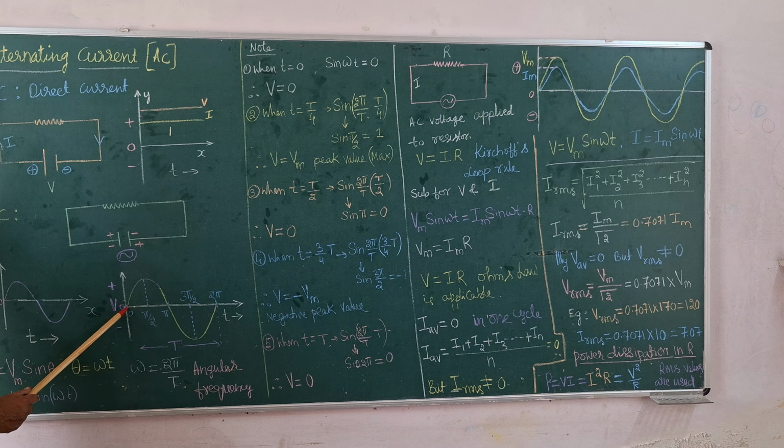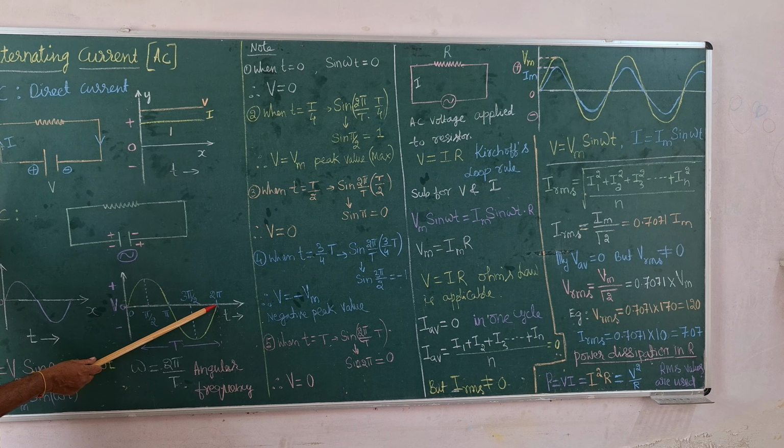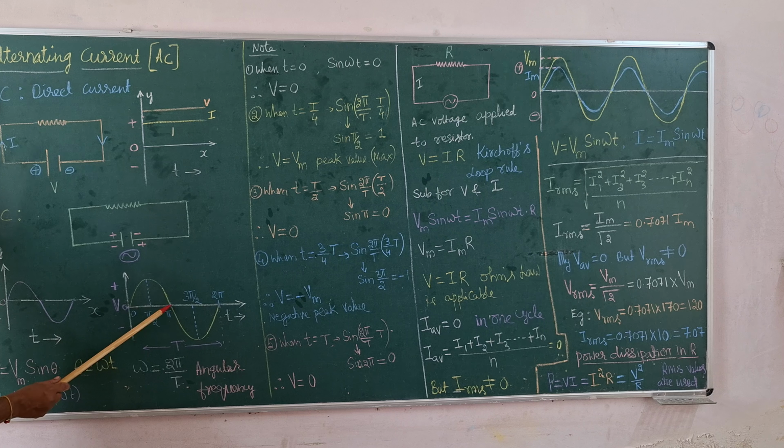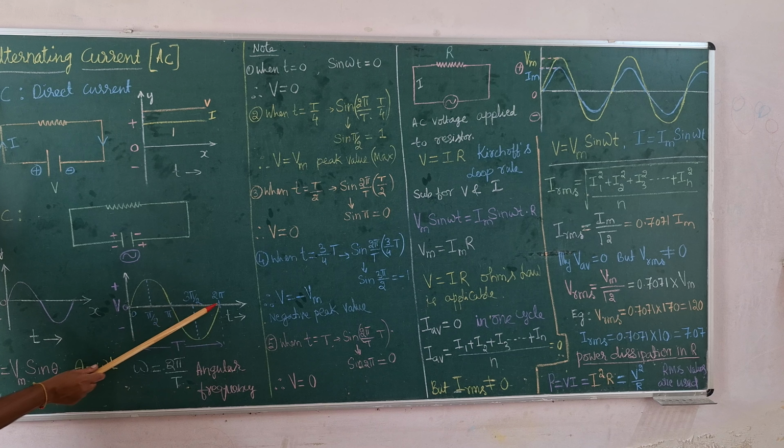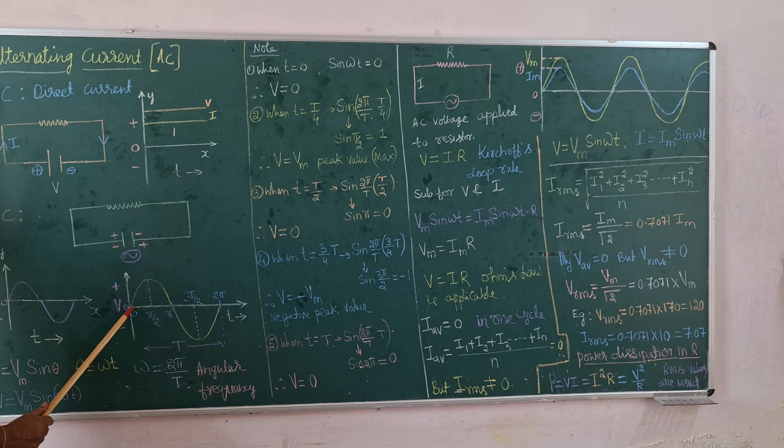Let me divide this into 4 equal divisions, from here to here one division, one more division, one more division, one more division. That is 1/4 of it, 3/4 of it, and so on. What is the value of t at each point? So write the t value. That is t in general.